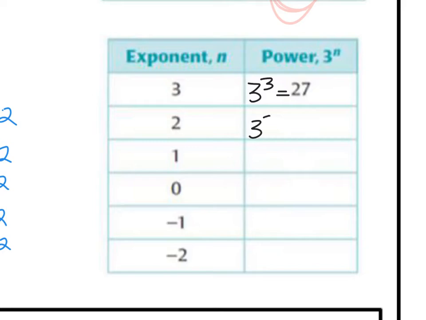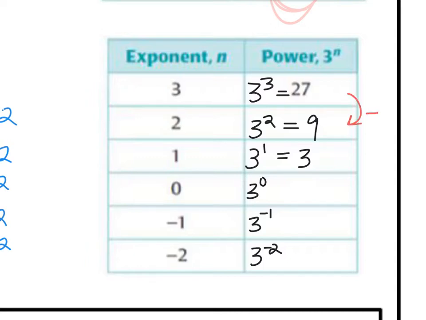I need the other ones. What's 3 to the 2nd? 3 to the 1st. 3 to the 0. 3 to the -1. 3 to the -2. We already talked about the first 3. And we already talked about the pattern, that it's dividing by 3. So I need you to continue that pattern as the exponents go down.